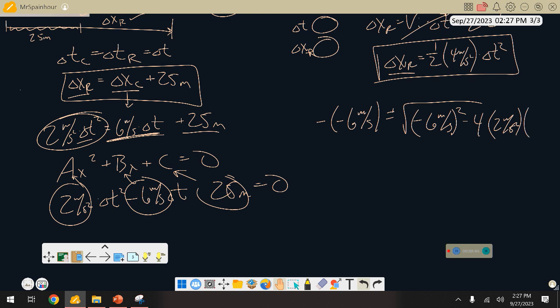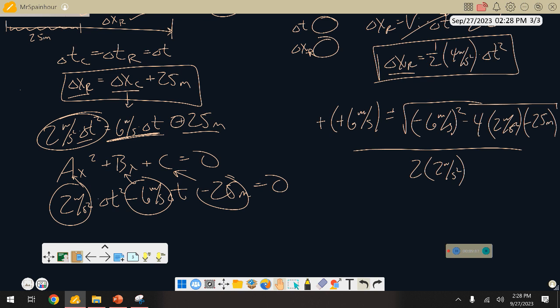Hold on, I don't think that's very clear, but this should be a negative right here, shouldn't it? Yes, because it should be subtracted on the other side. So that should be negative 25 meters, all over 2 times a, which of course is 2 times 2 meters per second squared.